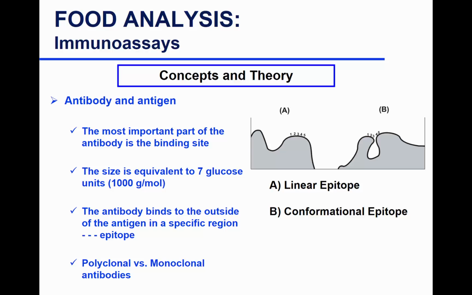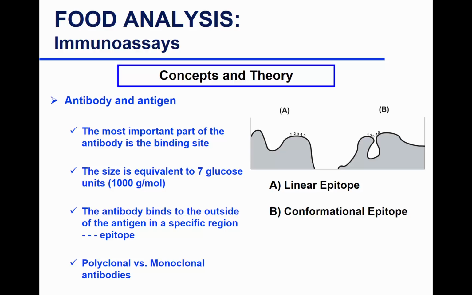Each B cell will produce an antibody with a specific binding site to a specific epitope. But there are millions of different epitopes on the same antigen that antibodies can bind to. So in the animal, you will generate so many different antibodies with so many different specificities to different epitopes. That is called polyclonal.